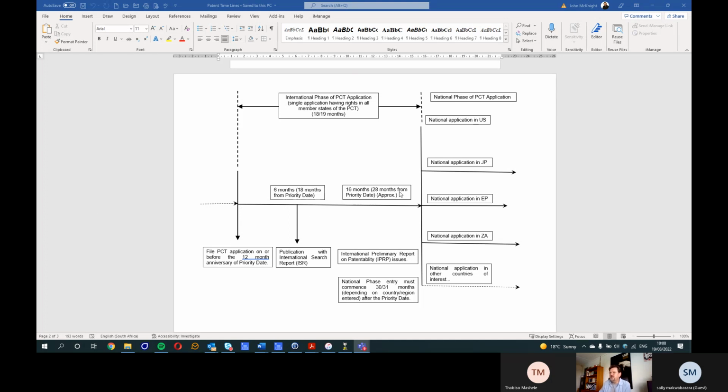They also work in conjunction with patent offices around the world, and you will get an international preliminary report on patentability. They will tell you whether they think it's novel, whether they think it's inventive, et cetera. You get this IPRP report, which sits on the back of your patent application, and wherever it goes, this report goes with it.